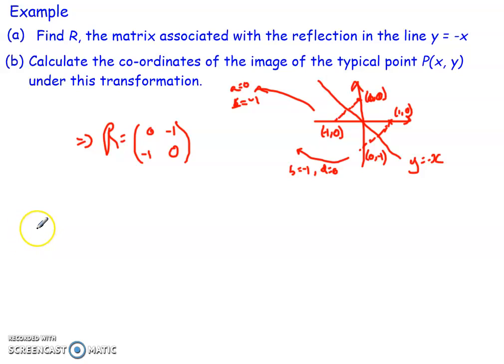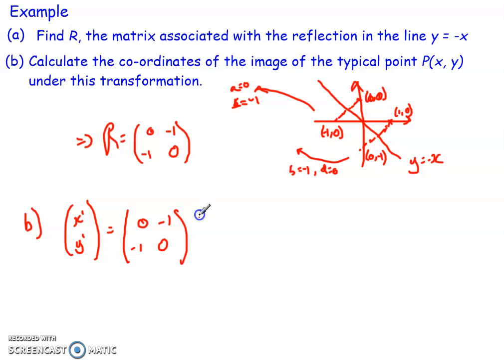Now, if I want to get any typical point P of (x, y) in this transformation, what I have to do is find my new transformed coordinates, x dash, y dash, and I know that's going to be given by this transformation matrix we just calculated times a typical point (x, y). If I do that multiplication, I end up getting (-y, -x).